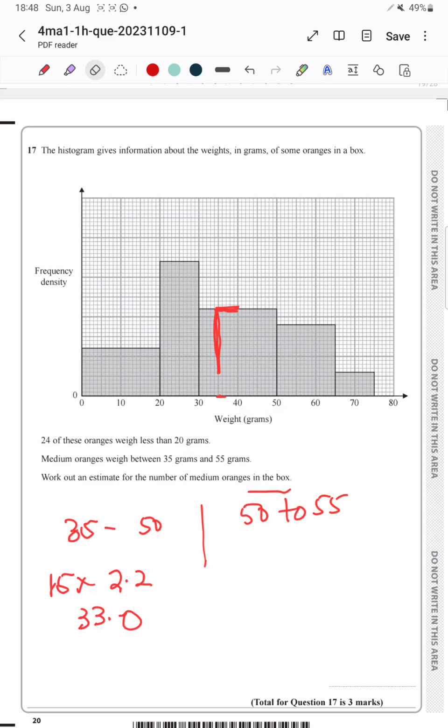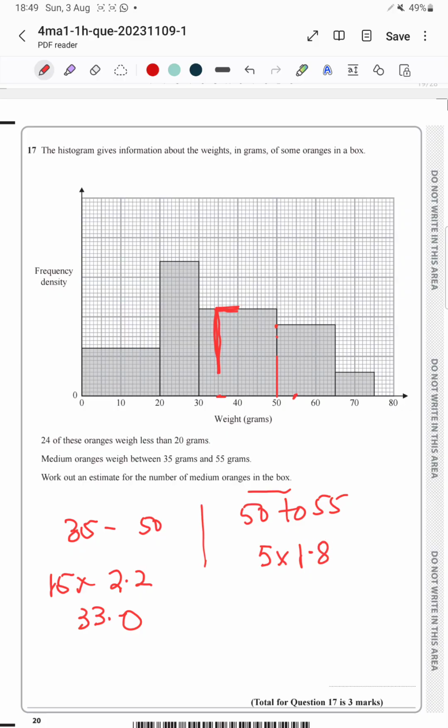And then we have the next one. Here the width is from 50 to 55, so that is 5. Multiply by the height, we have to go all the way up to here. So this is full, this is 1, then this is 1.5, 1.6, 1.7, 1.8.